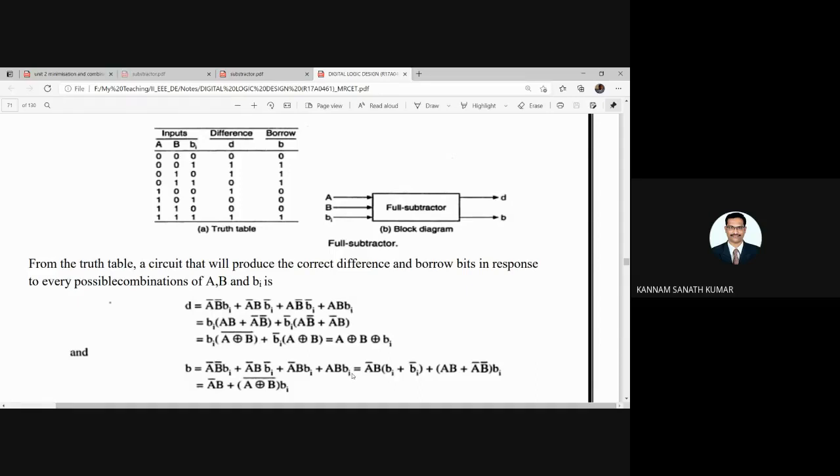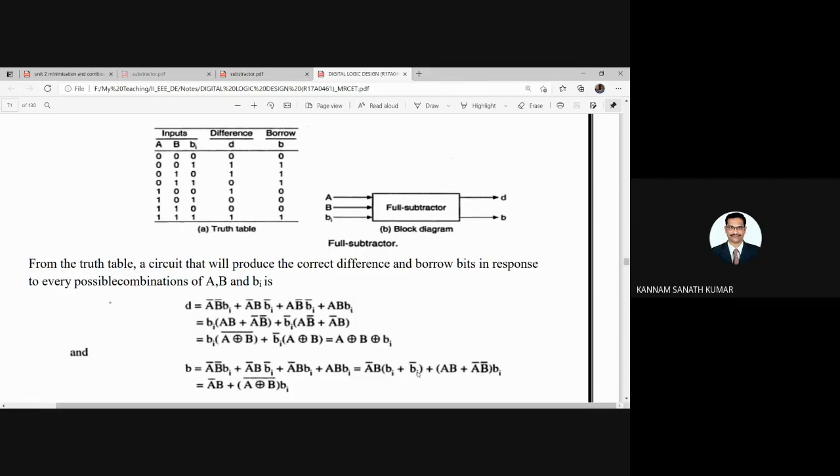Okay, so from the terms with A bar B, the second term and third term, you can take A bar B common. So what you are getting is Bi plus Bi bar. Plus if you see the first term and last term, you can take Bi common: AB plus A bar B bar.